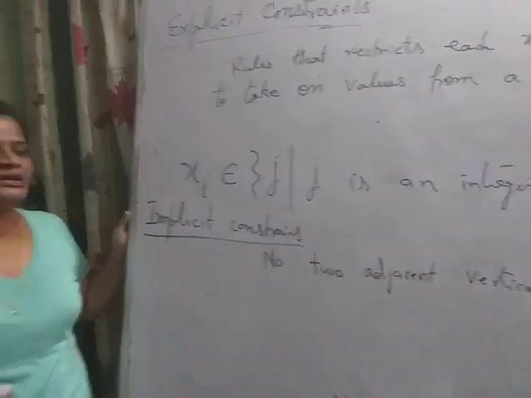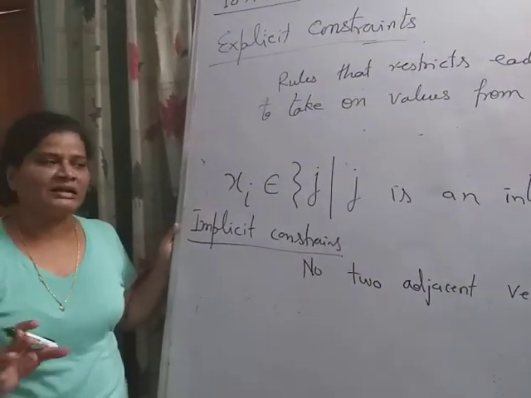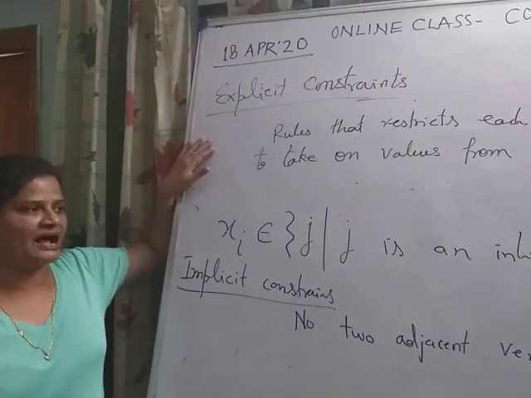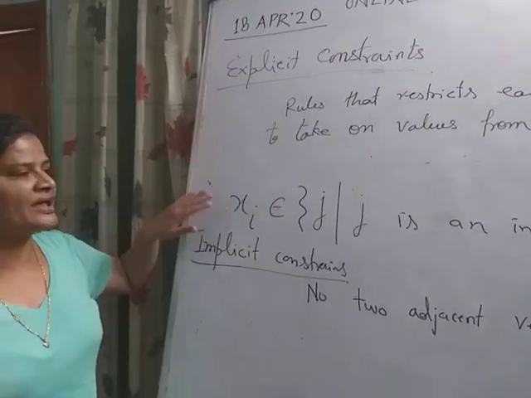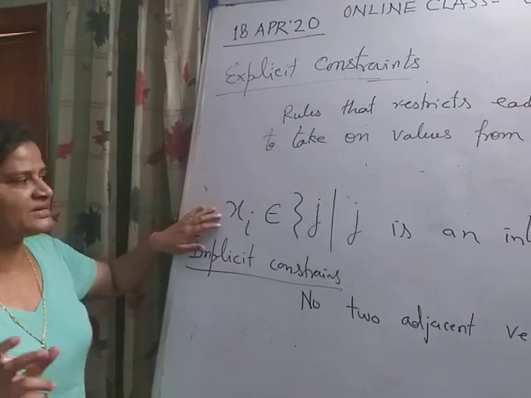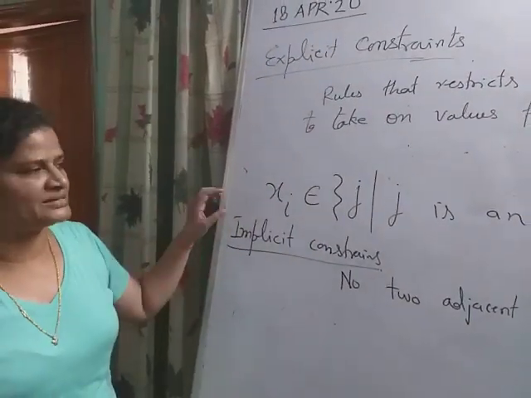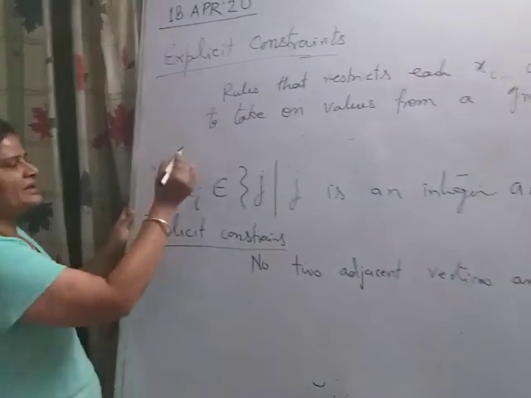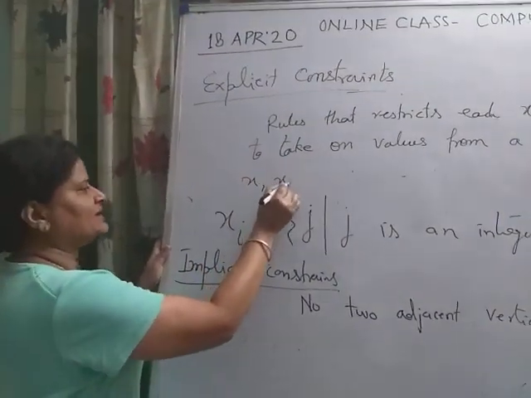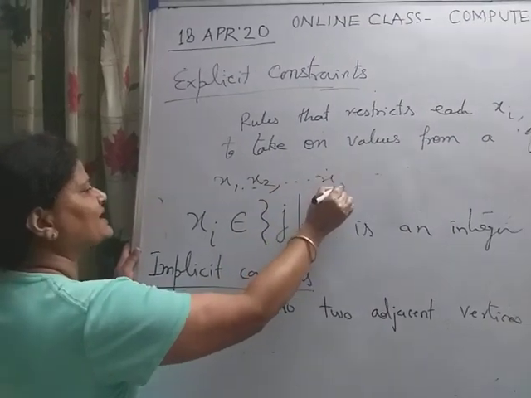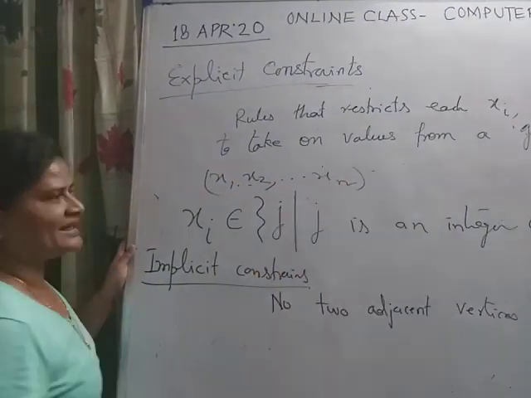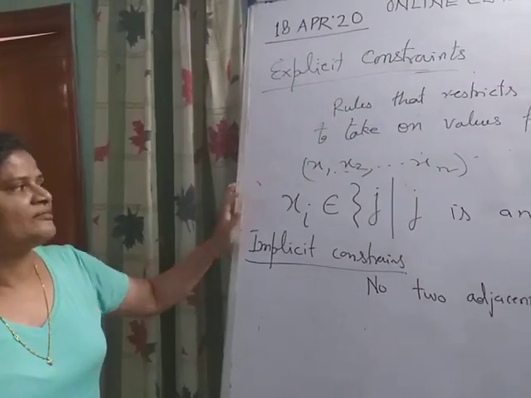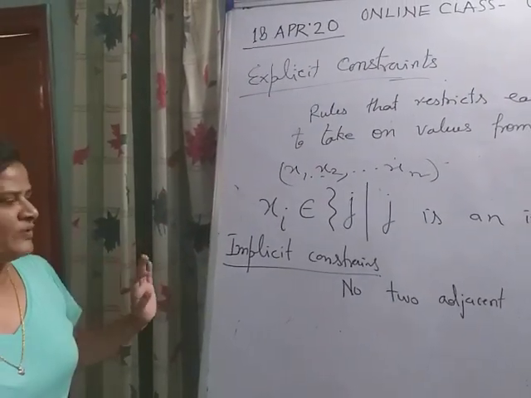Clear? Again I am repeating: for the graph coloring problem, the explicit constraints are where the solution vector is represented as an n tuple, where n is the number of vertices, and if the solution vector is x1, x2, so on xn, then xi gives the color number for the ith vertex.